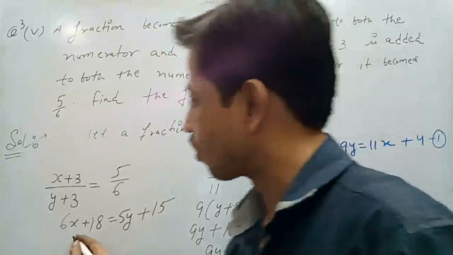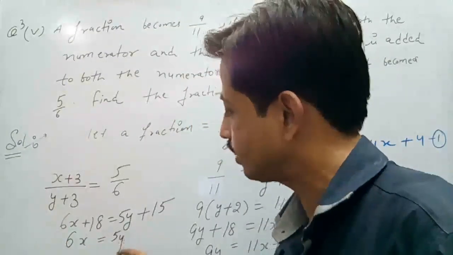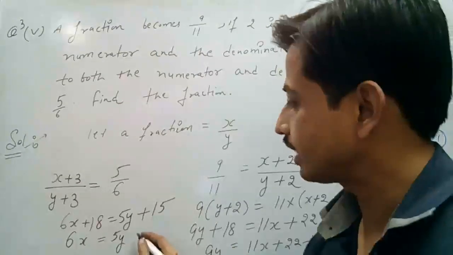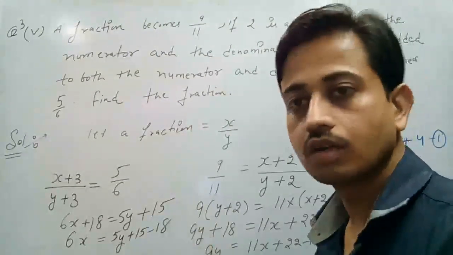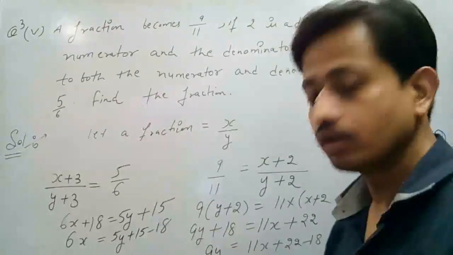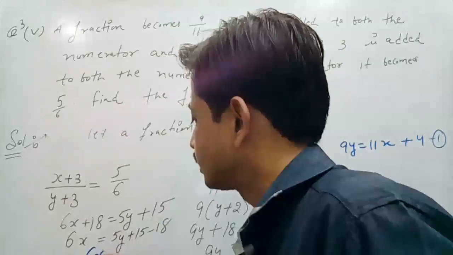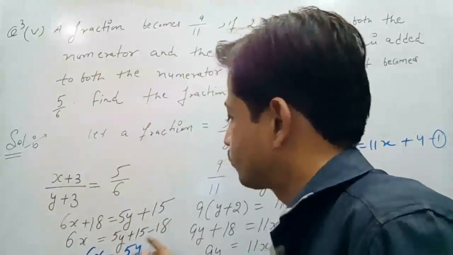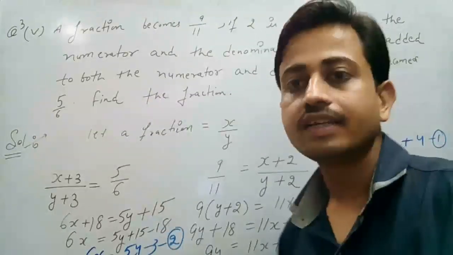Now make it simpler. 6x is equal to 5y, and take the 18 to the right hand side, plus 15 minus 18. What do you get? You get 6x is equal to 5y minus 3, since 15 minus 18 is minus 3. This is your second equation.